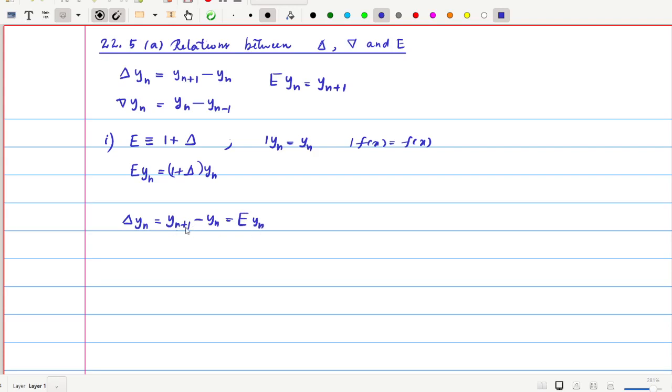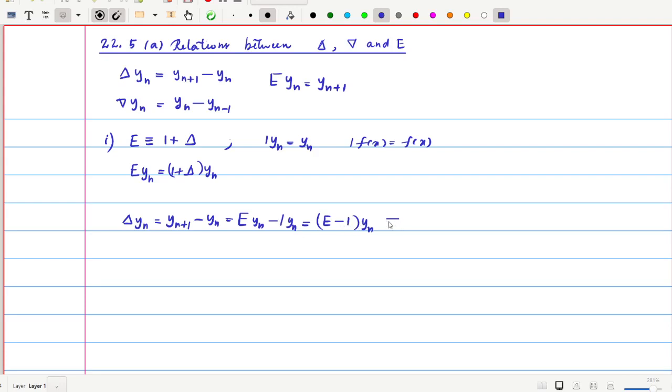This yn plus 1 can be replaced by E of yn, and this yn can be written as 1 of yn, and this is nothing but E minus 1 of yn. So delta yn is equal to this.